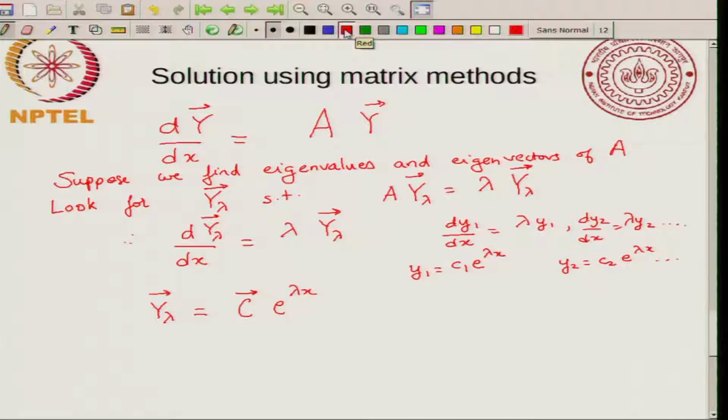Okay. If y has n columns and A is an n by n matrix, then you can have n eigenvalues. Okay. So, you can have n eigenvalues. Okay.